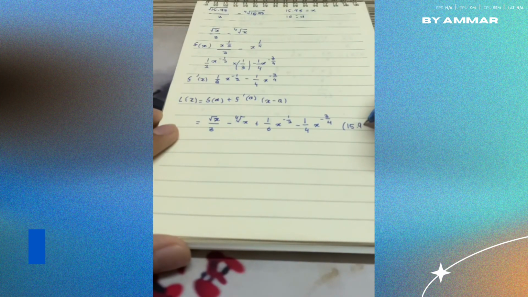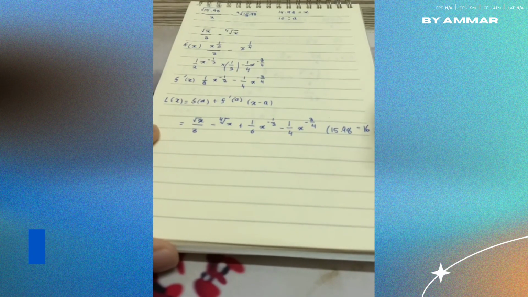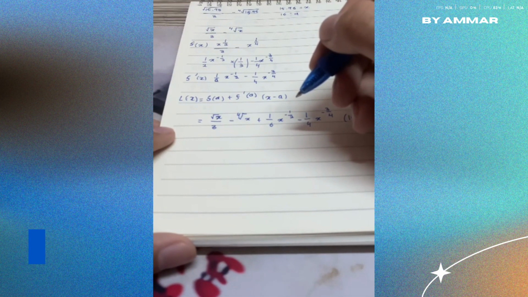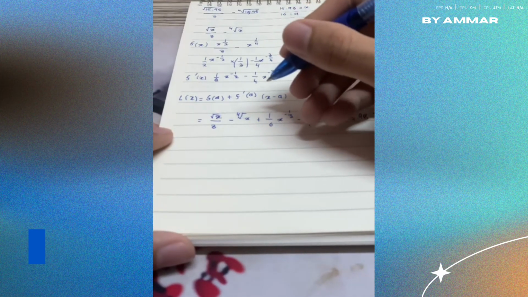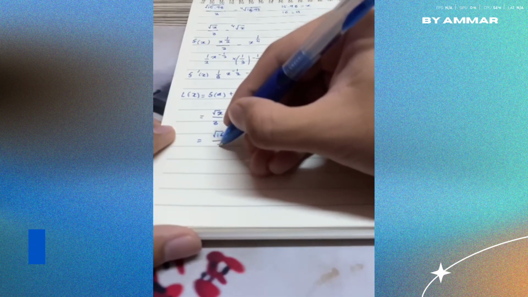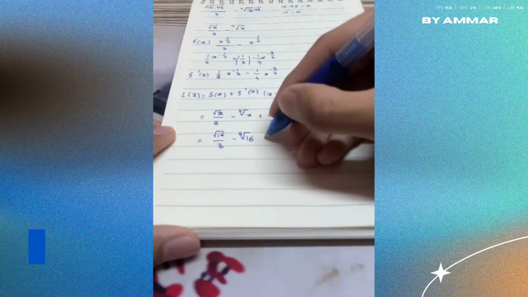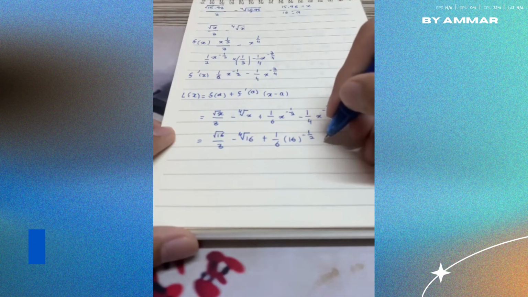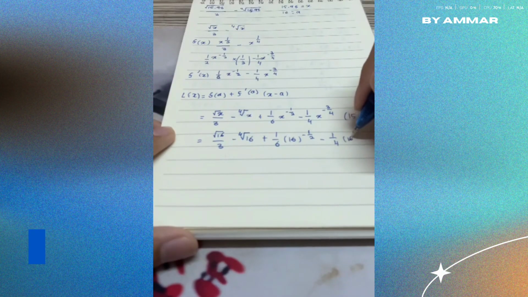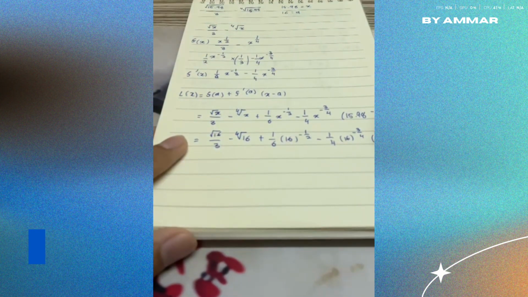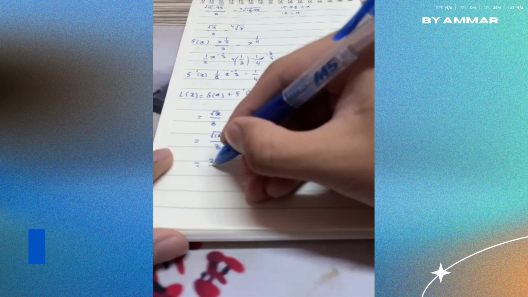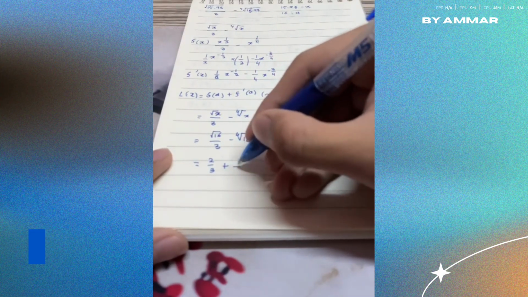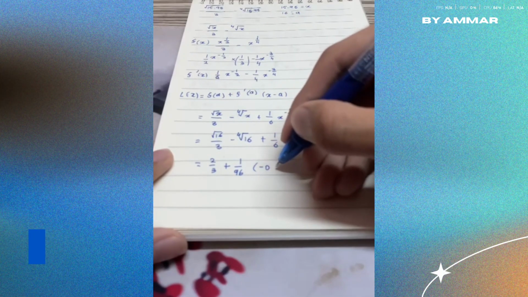15.98 minus 16. Then we substitute the x for 16, plus 1 over 6 times 16 to the power of negative 1 over 2 minus 1 over 4 times 16 to the power of negative 3 over 4, then 0, negative 0.02. 2 over 3, then we got 2 over 3 plus 1 over 96 times negative 0.02.